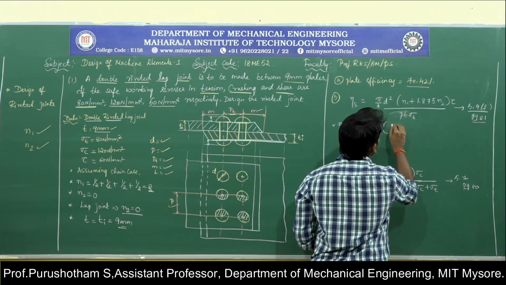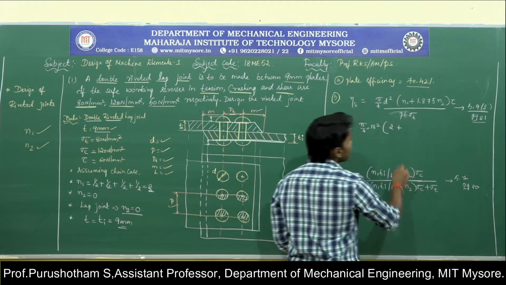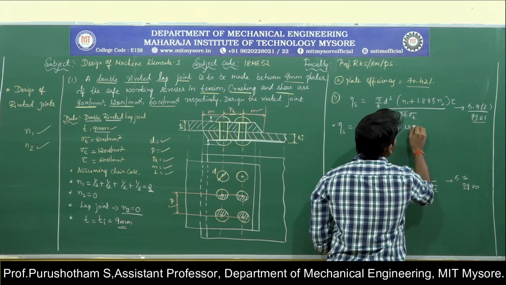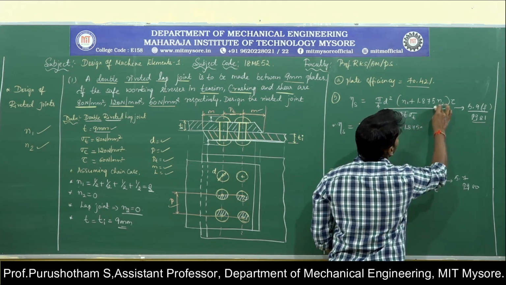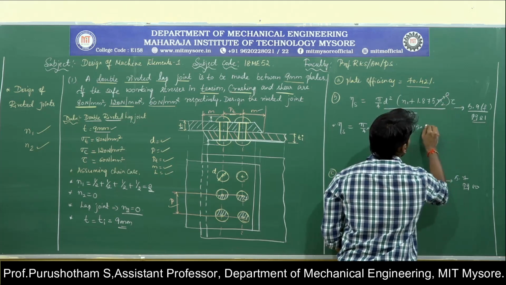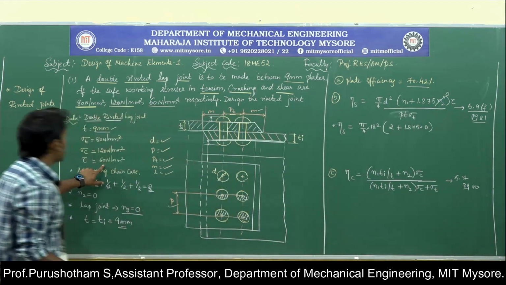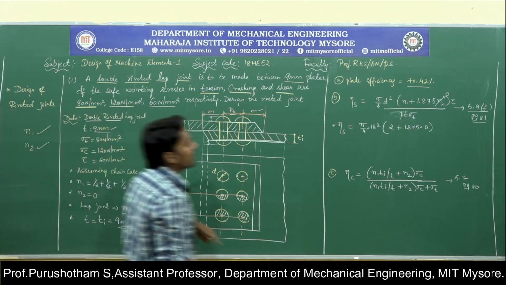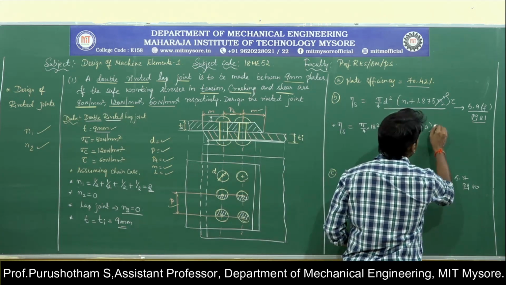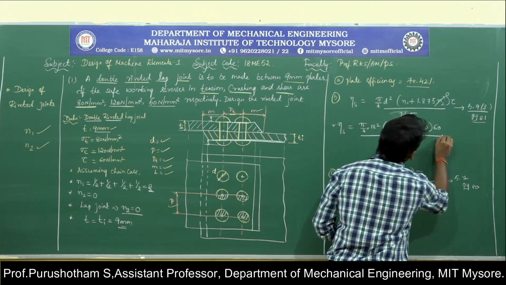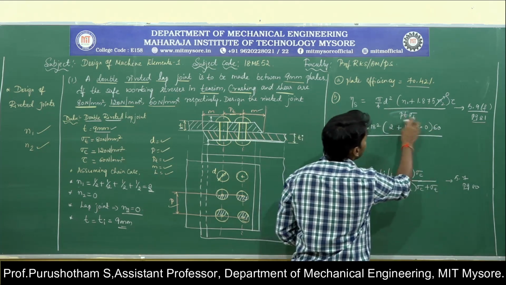N1 is 2 for this case, plus 1.875 times N2, which is 0. Then tau, the value of tau is 60 Newton per millimeter square, divided by P into T into sigma T.